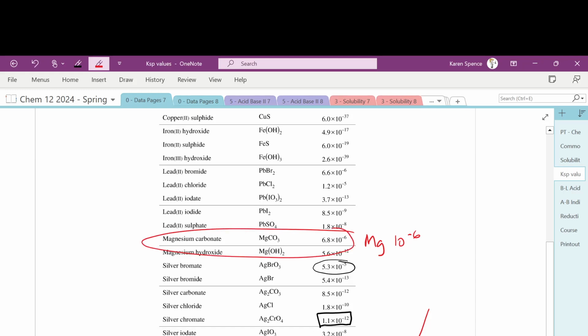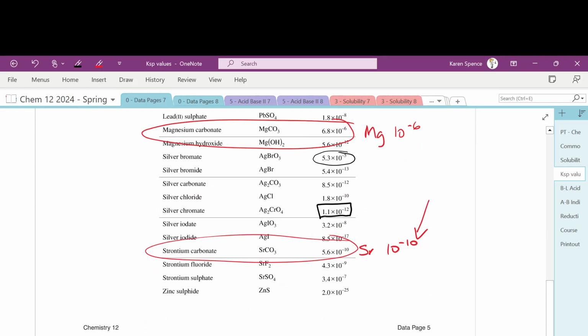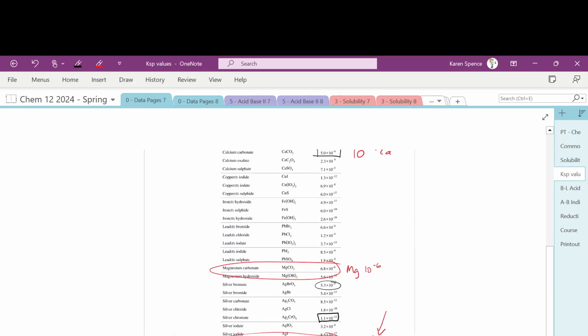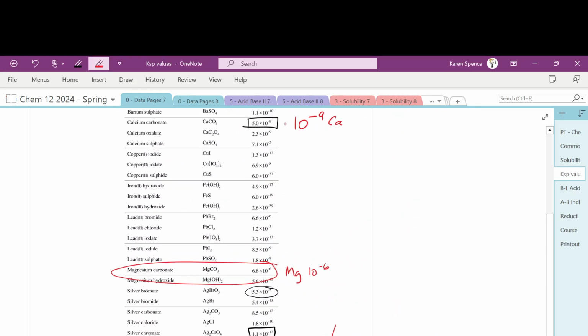Strontium carbonate has a power of 10 to the negative 10. And calcium carbonate has a power of 10 to the negative 9. So which one is the least soluble? 10 to the negative 10. So your strontium carbonate will have the lowest carbonate concentration.